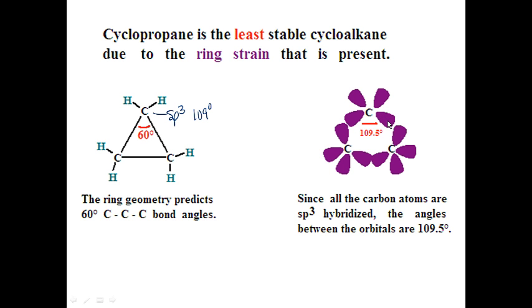Well, how do you make a 60-degree angle out of a 109.5 angle? The thing is, you don't. What happens is, instead of the carbon-carbon bonds being formed by direct head-to-head overlap, because it's a 60-degree bond angle that doesn't match up with a 109.5-degree bond angle, instead we have them kind of like skew here.